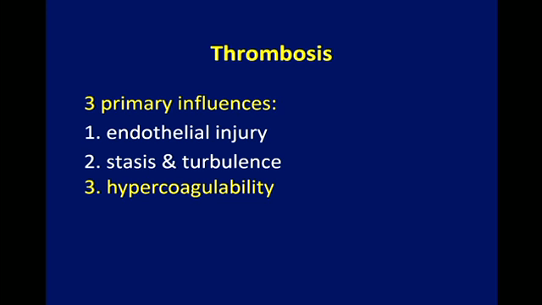What other hypercoagulable states do you think? All right, people that smoke. The elderly. It's all to do with an increased risk of coagulation. That's why the elderly need to take aspirin, to thin their blood, because they're more inclined to coagulate. People that have had trauma.